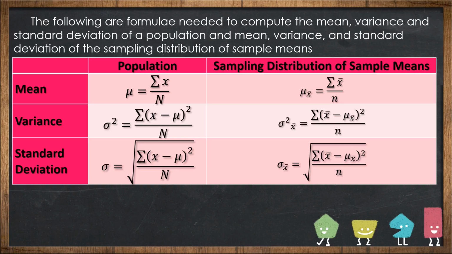Based on the given formulas, here is the mean for the population and the mean for the sampling distribution of sample means. This will be the formula for variance in a population, and this will be the formula for the sampling distribution of sample means. This will be the formula for standard deviation in a population, and this will be the formula for the sampling distribution of sample means in getting the standard deviations.